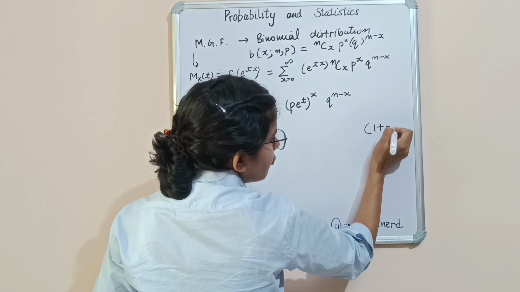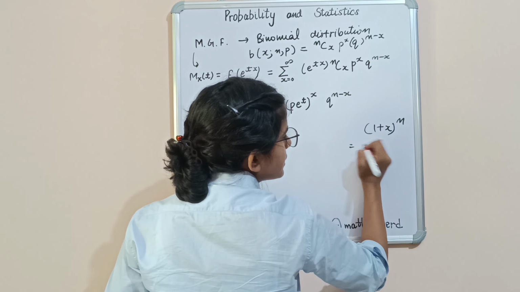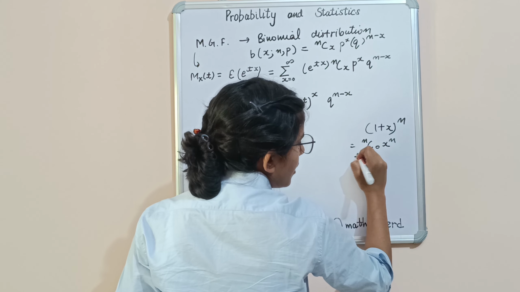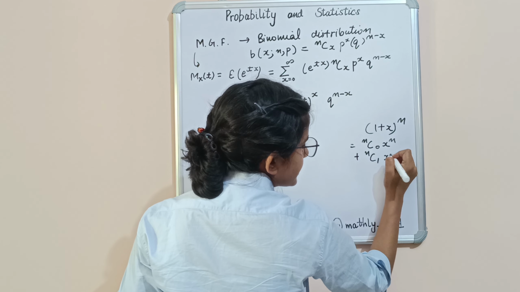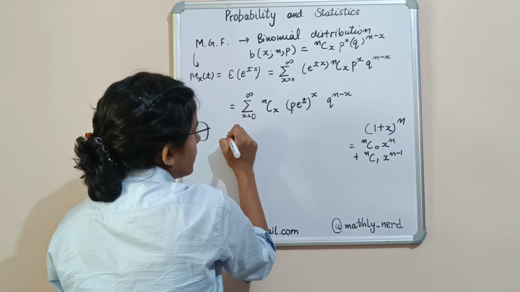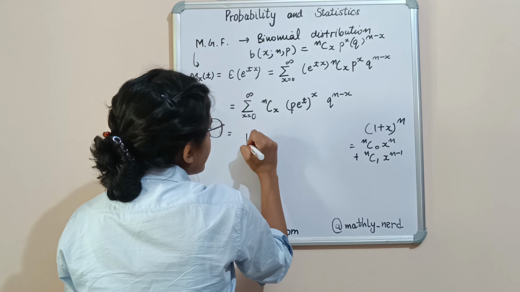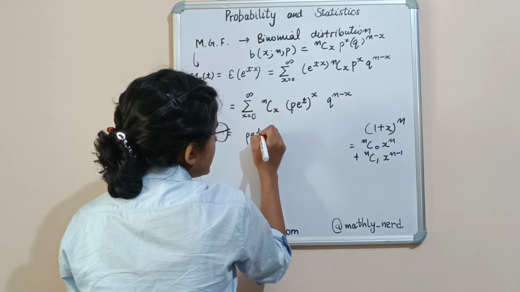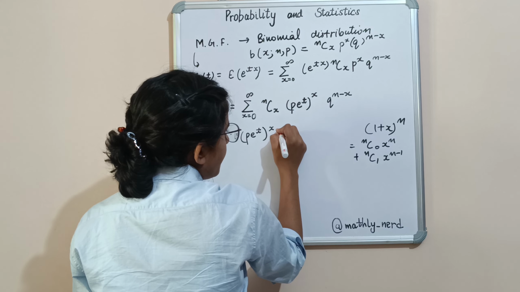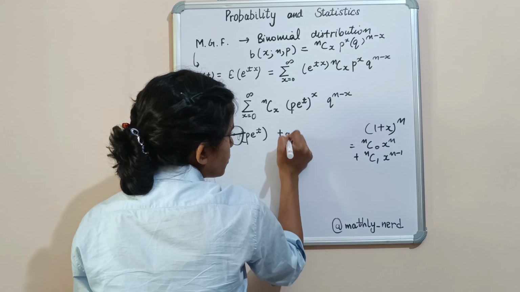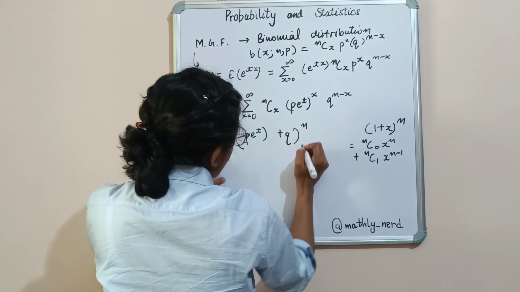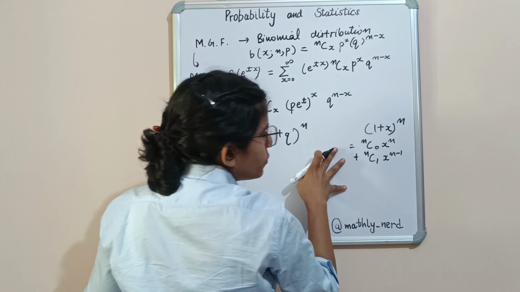As we know, (1 plus x) raised to power n looks like nC0 x raised to power n plus nC1 x raised to power n minus 1. So we can write this as (p e^t plus q) raised to power n. I will tell you why.